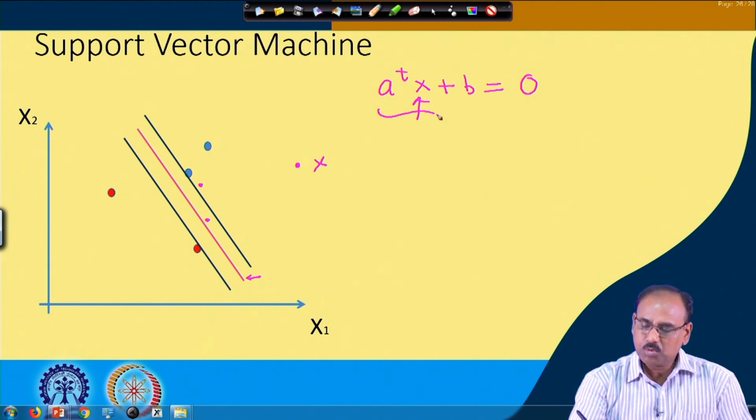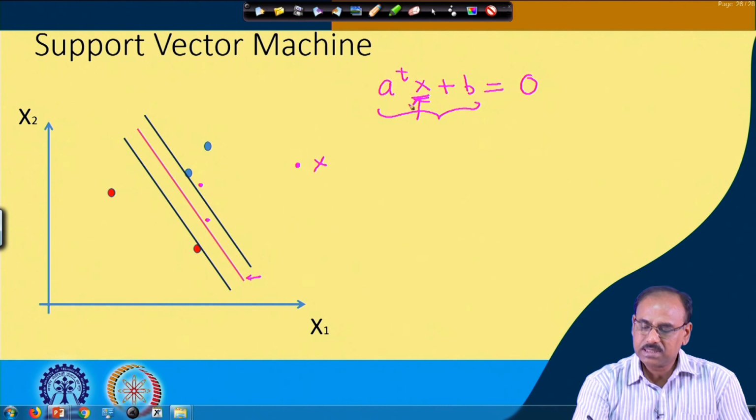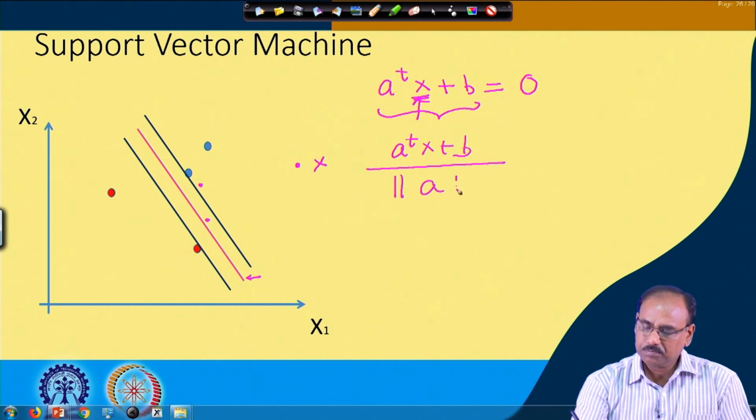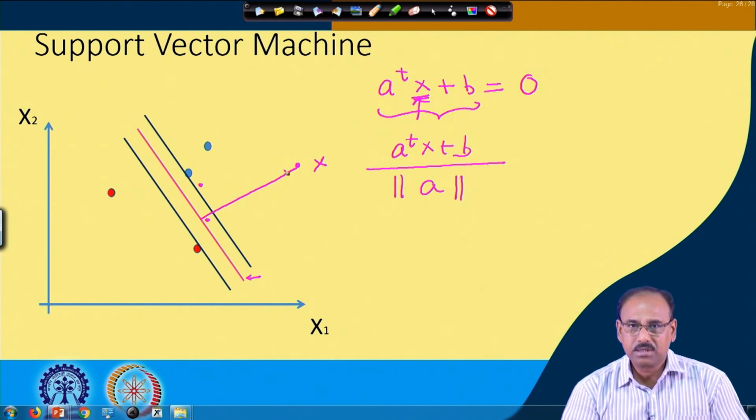And what is this A transpose x plus b? As I said, it is the distance of vector x from the separating plane A transpose x plus b equal to 0, or in other words, (A transpose x plus b) upon mod of A is the distance of x from the separating plane. So, the more the distance, the more is my confidence that I have correctly classified this sample x.